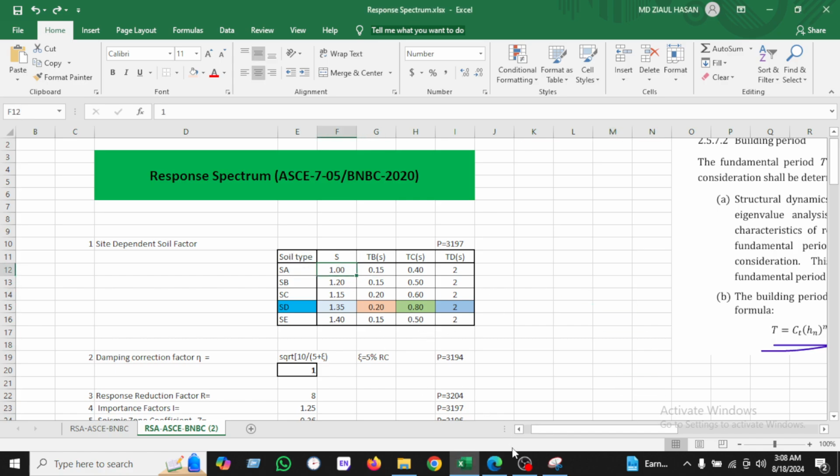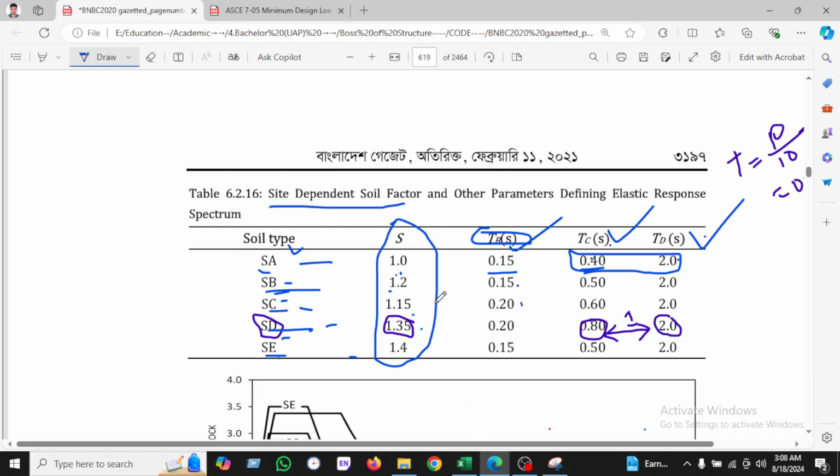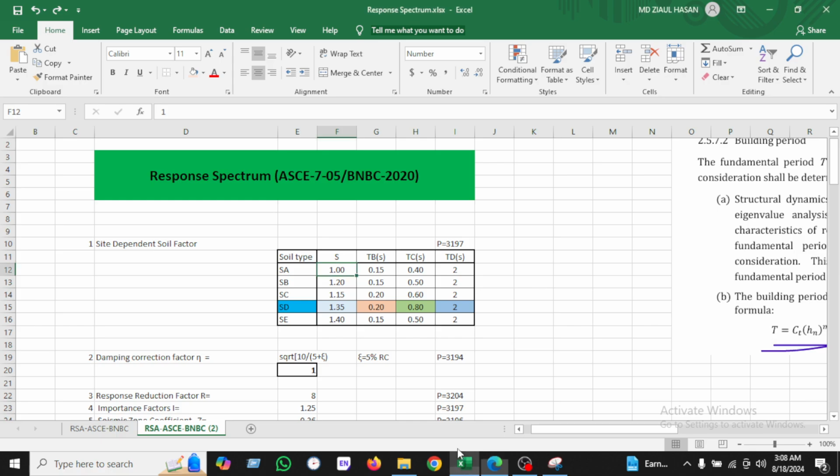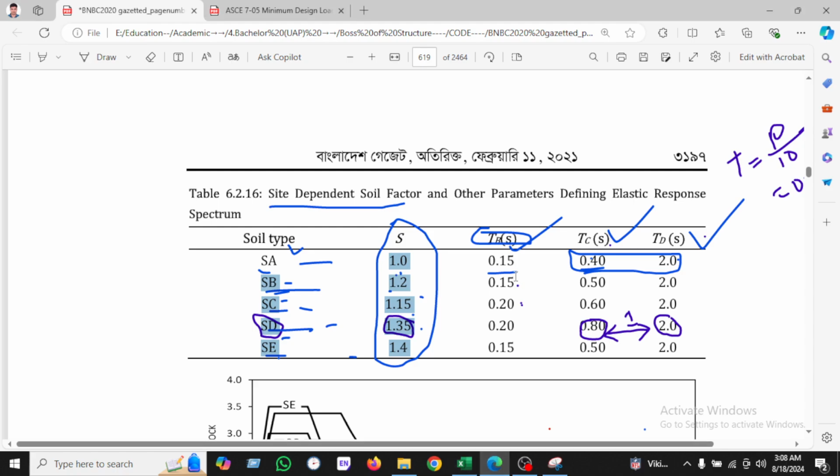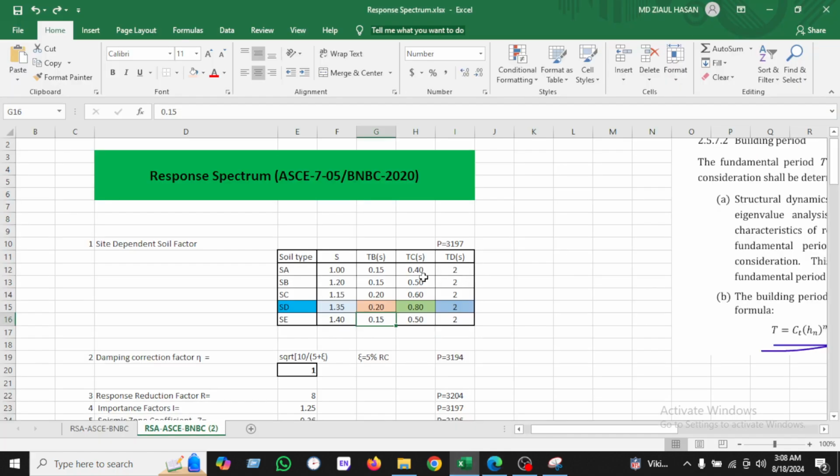In this way, I am taking all these values.